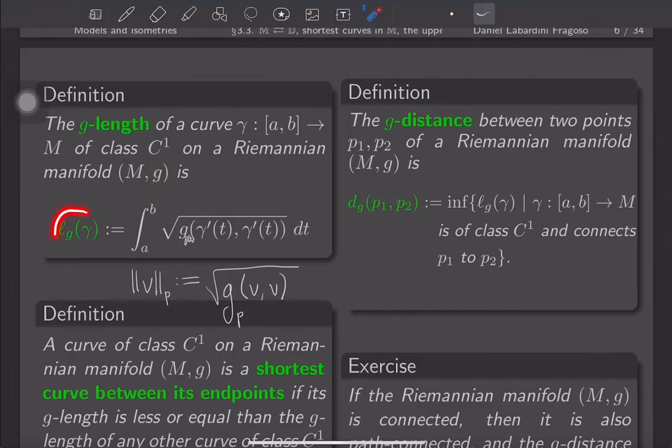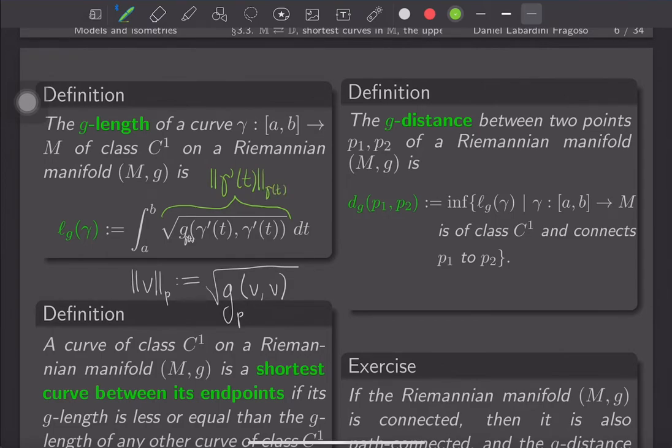The g length is the integral of the norm of gamma prime of t, sub gamma t.